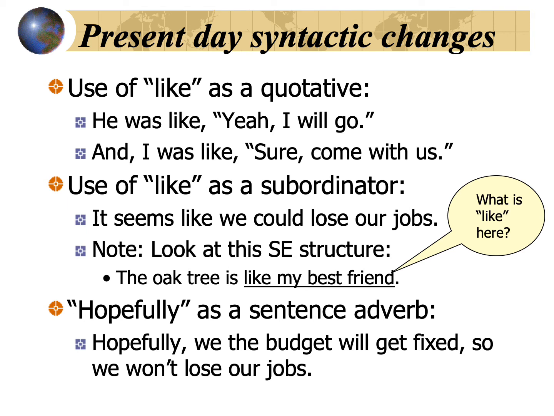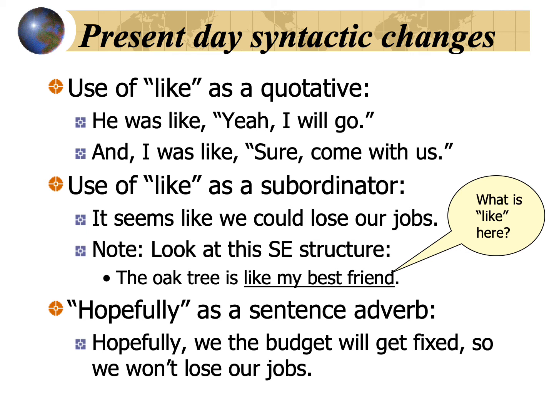But in this structure, if I were to ask you grammatically what is going on, what would you say? What would that like my best friend be? How would you label that? In grammatical terms, like is followed by a noun phrase. It needs that noun phrase. I can't say the oak tree is like and then end my sentence there.